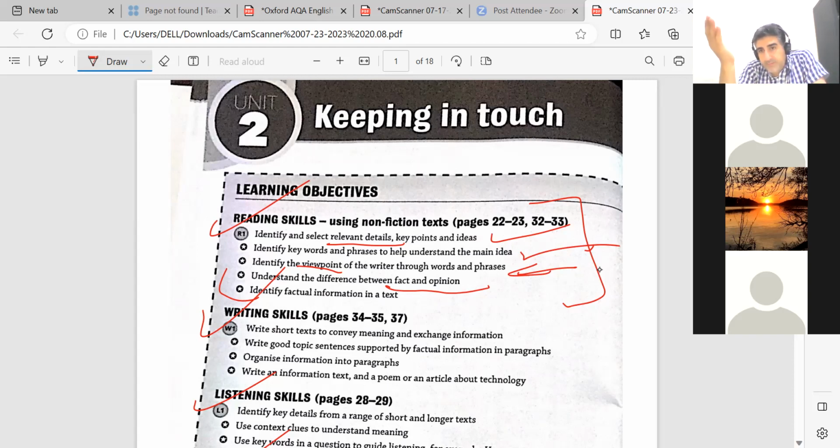Clear, guys? Okay, when I say, my city is nice. My city is very nice. Fact or opinion? Opinion. Yes, opinion. For you, your city is nice.